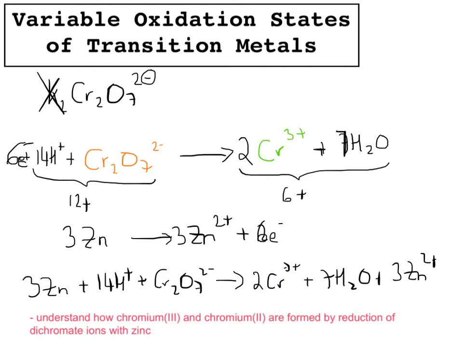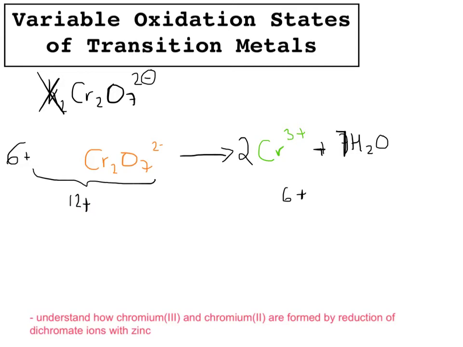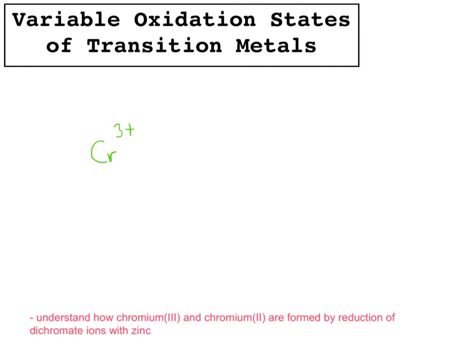What then happens is the chromium 3+ is reduced further by the zinc to form chromium 2+. So we've got chromium 3+, which is a green colour, and that's reduced further to make chromium 2+, which has a blue colour.